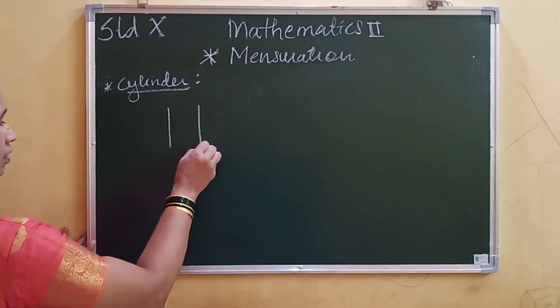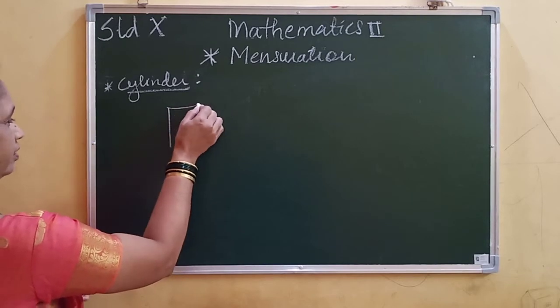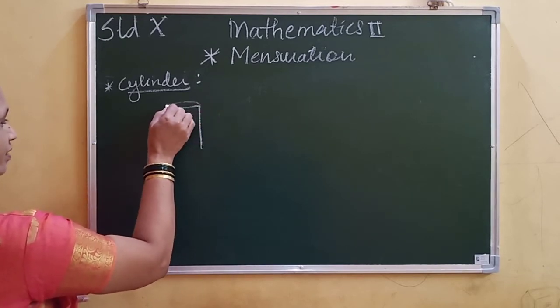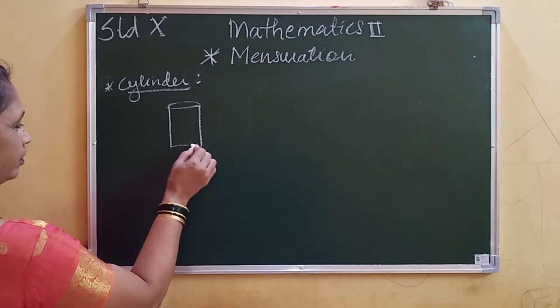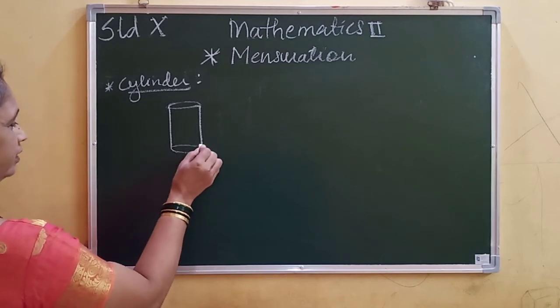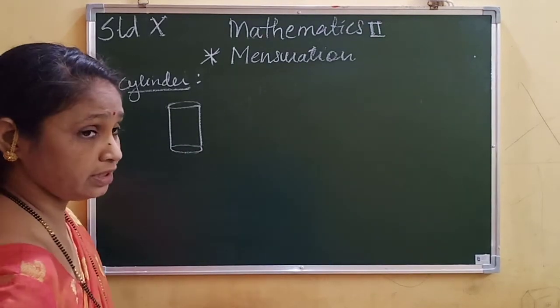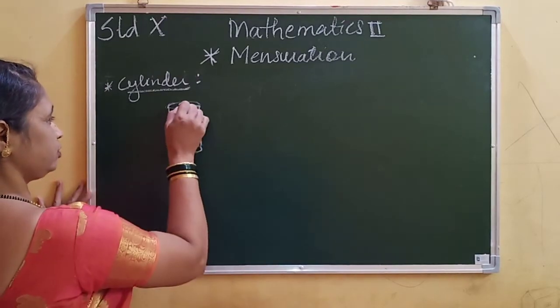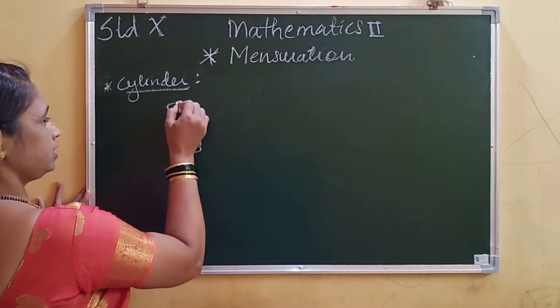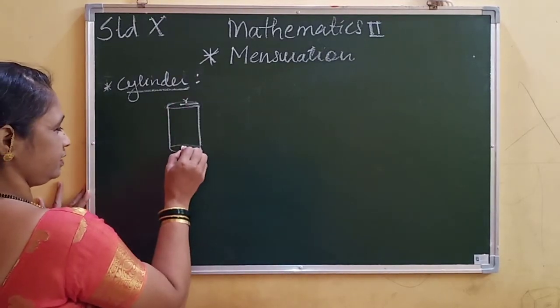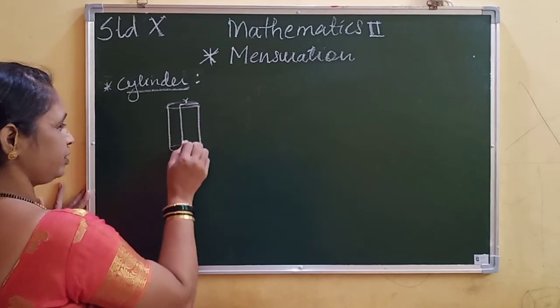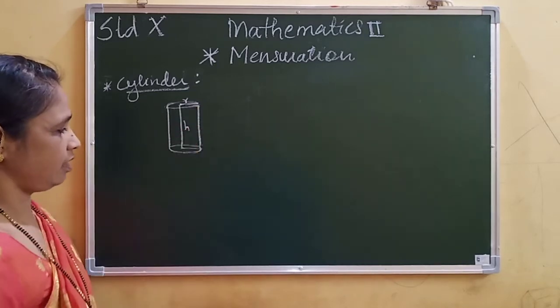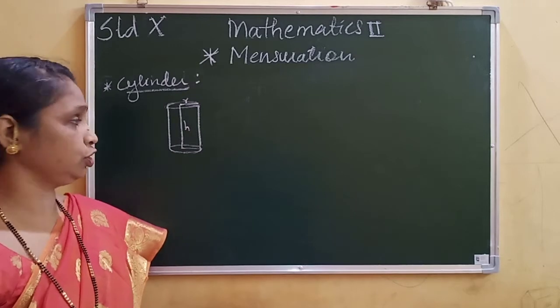This is a cylinder, or you can say a tin. A tin is in cylindrical shape. So its bottom and upper face are circular. So this is a circle. This is the radius, and the distance between these two is the height.